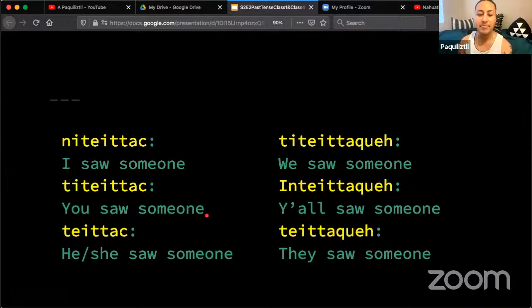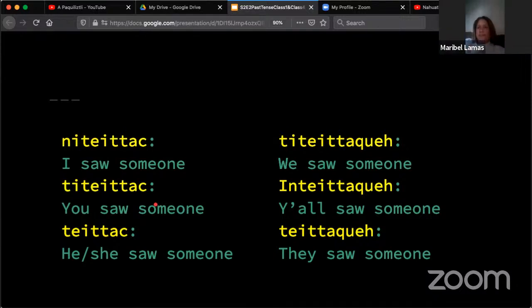This te can translate as people, or it could also translate as one person, someone. We don't know who. So it can mean both people or some one person. It's very vague in Nahuatl. So niteitak could mean I saw someone, or it could mean I saw people. But you translated it with people. That's a perfectly acceptable answer.